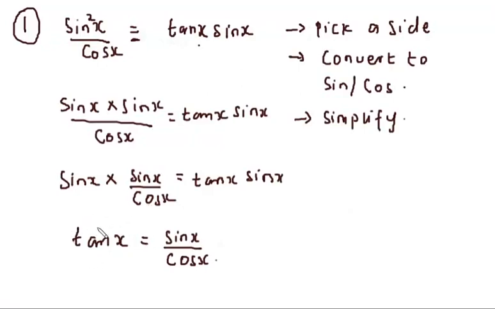This becomes tan x times sine x, which is equal to tan x sine x. So we've proven this part, which means that these two sides are equal to each other.